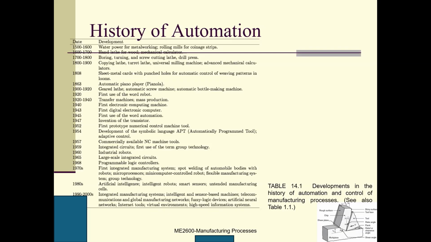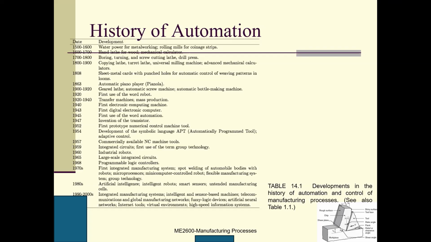At that time, people did not have computers, but they had a lot of other mechanisms to automate. This is very, very tedious, very time consuming. And the first use of the word robot, the 1920s. And the transfer machines, mass production.